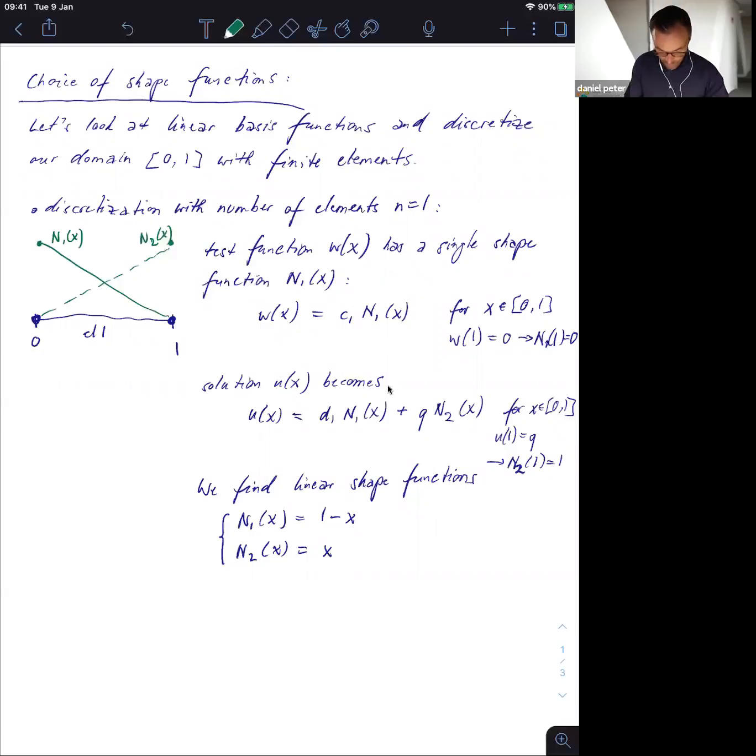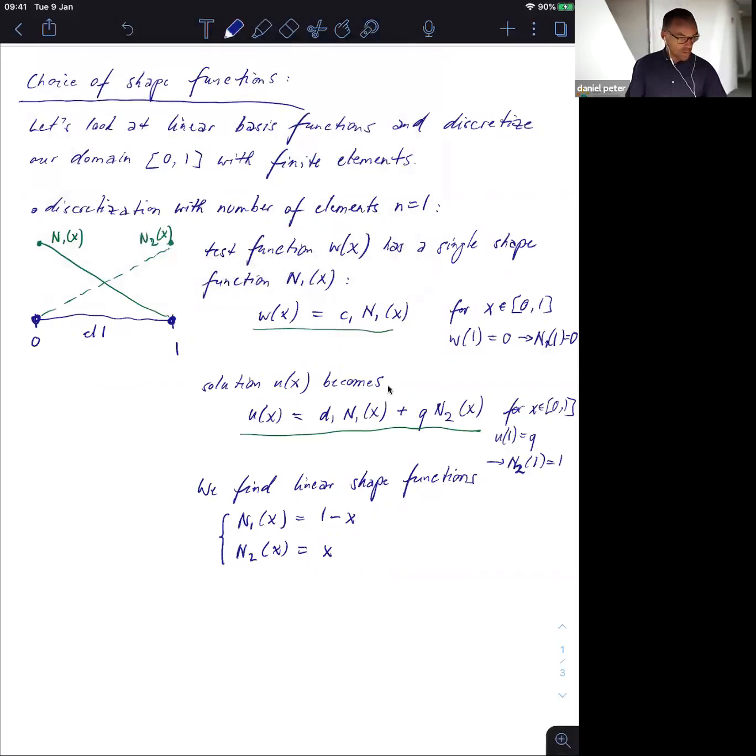And you have here how we approximate our functions with these two shape functions. Is it clear so far?